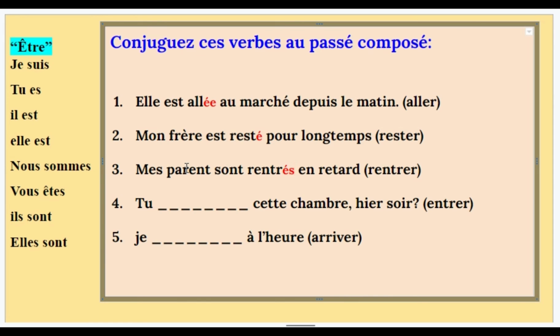Okay, so the next one is the fourth question. Tu dash cette chambre hier soir? Entrer. This is a question. Did you enter that room yesterday evening? So, tu, here is the être for tu. So, how does it go?